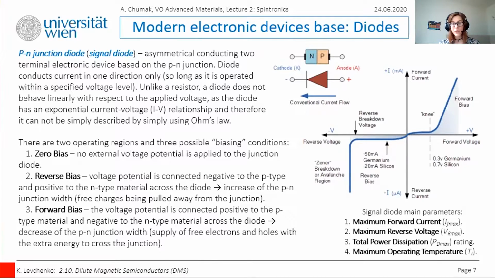Exceeding the maximum forward current causes the device to dissipate more power in the form of heat than it was designed for, and obviously it will lead to a quick failure of the device. If you're interested in more specific parameters of diodes, those are the maximum forward current, the maximum reverse voltage or peak inverse voltage, total power dissipation, and maximum operating temperature.